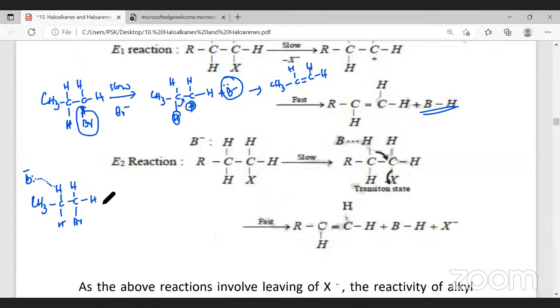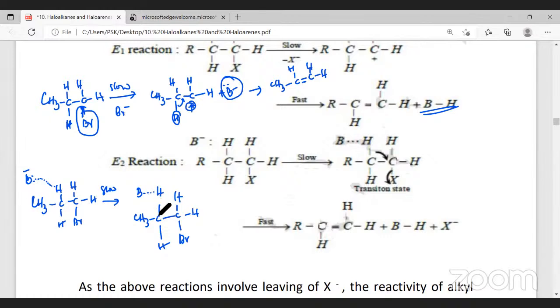Now it's a slow process. A partial bond is formed with hydrogen. Carbon valency is 4, hydrogen valency is 1. When the base starts to attack this hydrogen, hydrogen cannot have valency 2.